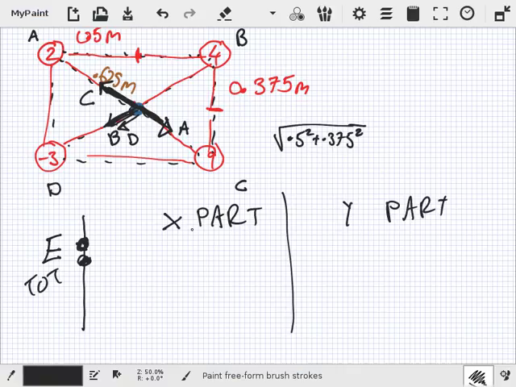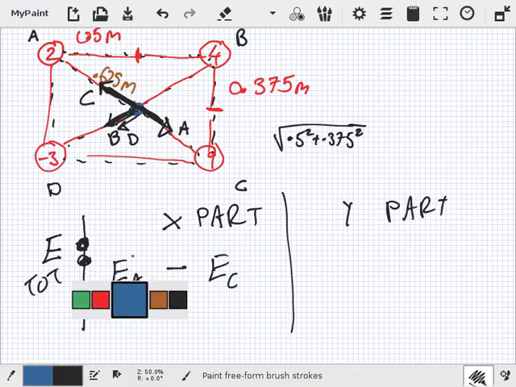Okay, so let's see about the X part. We have the EC to the left, and to the right we have the EA. So it's the EA minus the EC, but just be careful, I'm only looking at the X part of it.